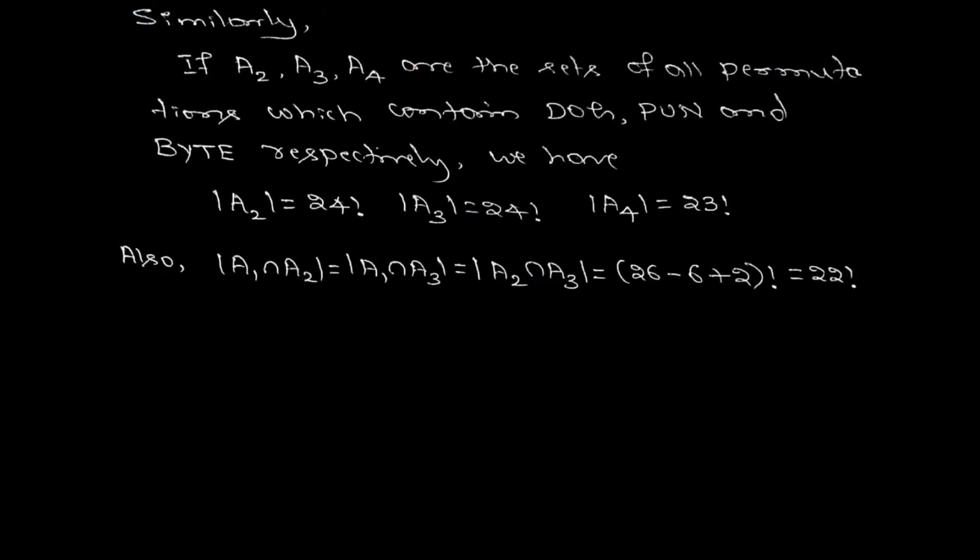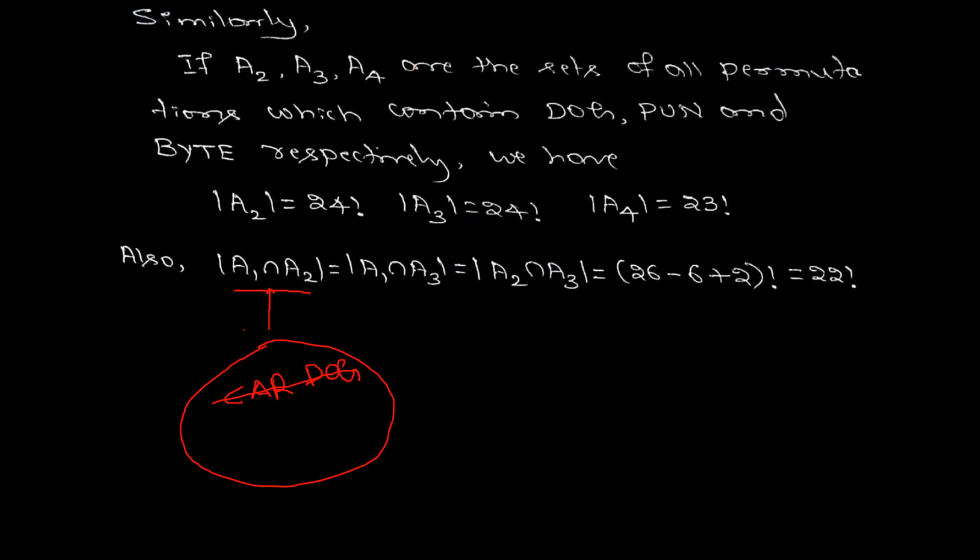Also, when we go for A1 intersection A2, the intersection represents the set of all permutations which contain the word car as well as dog. So these two words will always be there in all these permutations. So how many such permutations exist?